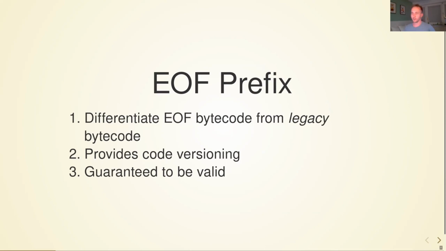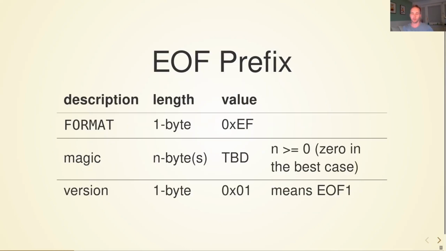I will get to how exactly that is done, but the prefix is just some number of bytes. It starts with a specific one-byte value, which is the EF hex value. This is not used by any instruction currently. We also checked that, so far, none of the mainnet contracts start with this byte, which is a good thing.